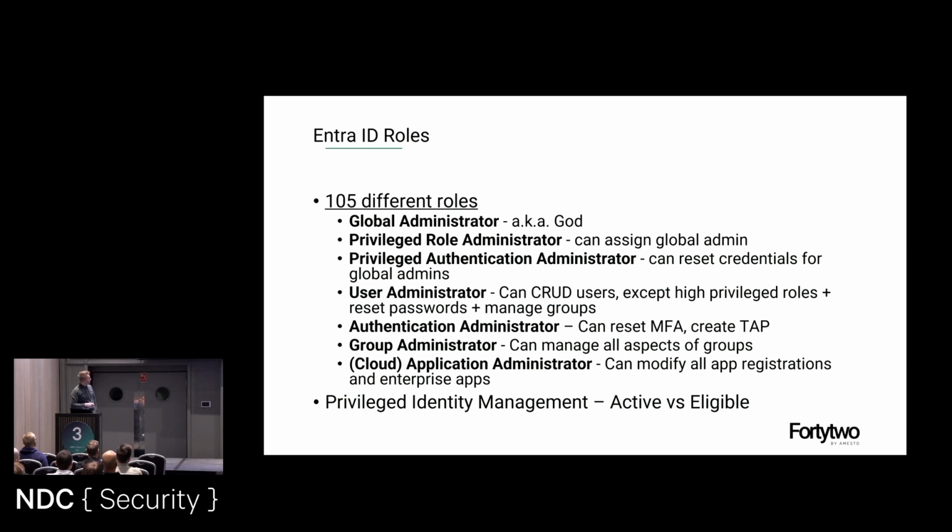Yeah. So the point of PIM, privileged identity management, is for you to be able to say that a certain user can activate their permissions. So they have the permissions or the ability to activate at will, but you can set some policies.